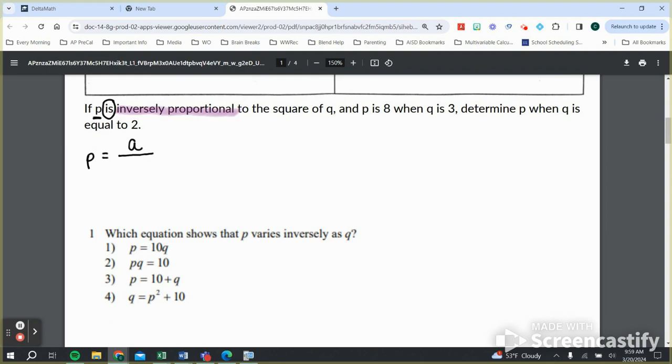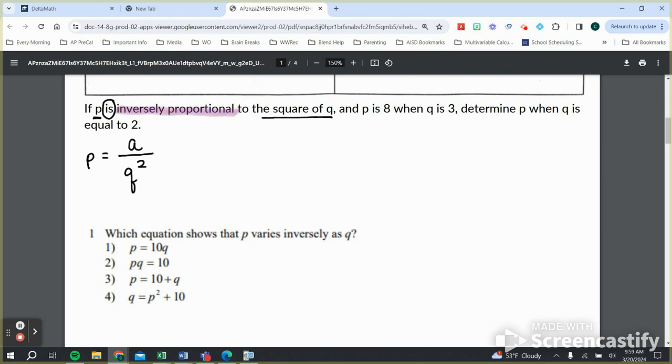That's always what we're trying to figure out, to the square of Q. So we're going to put Q squared on the bottom. So unlike y equals a over x, in this case, our x is Q squared.